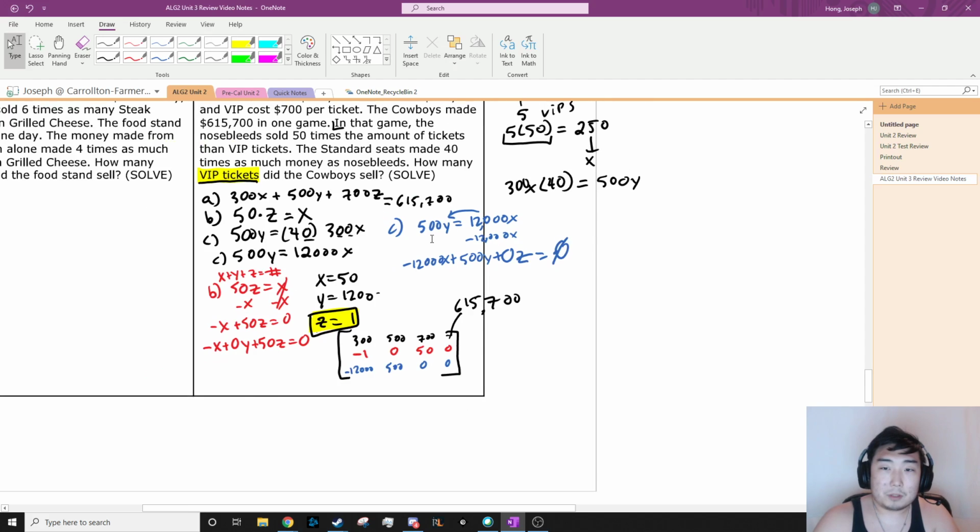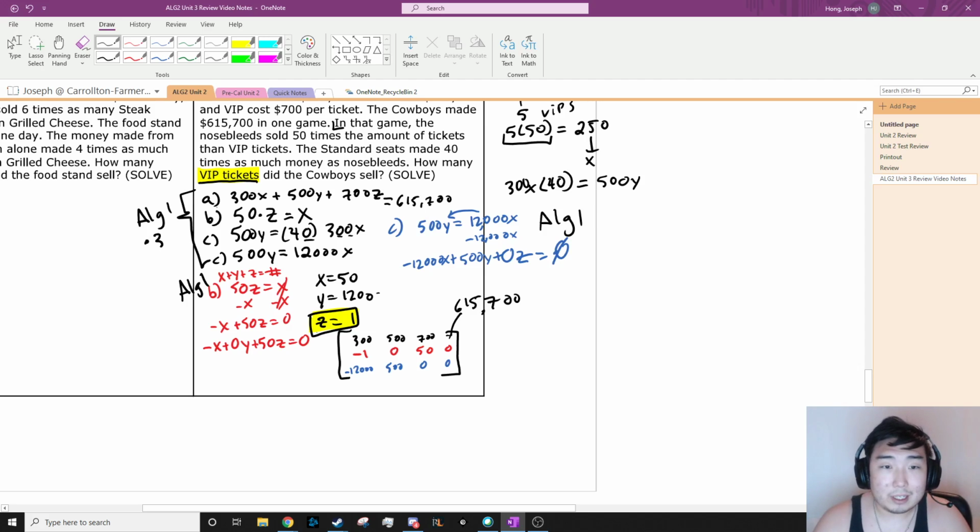So the hard part of this problem isn't the math. The math is easy. The math right here, this is algebra 1. But this part right here is also considered algebra 1 times 3 times. You have to be able to create 3 equations from 1 prompt.